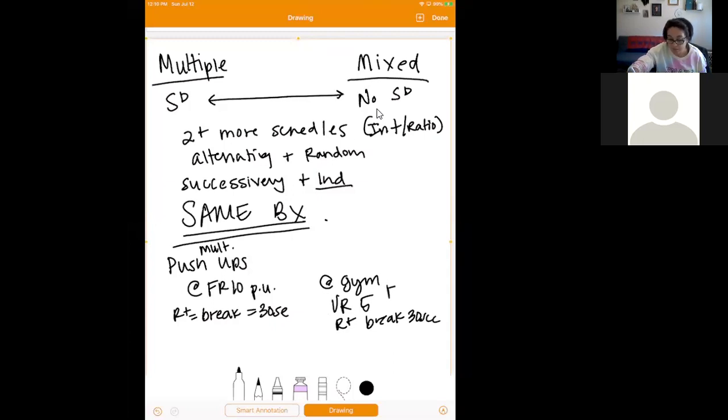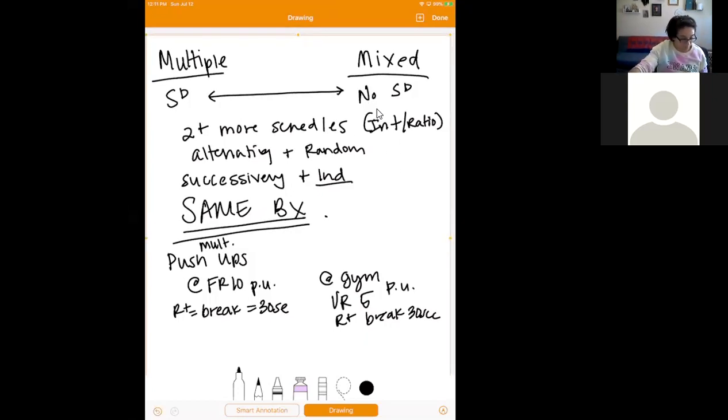It's the same thing. It's push-ups, but at home we're on a fixed ratio of 10. At the gym, we're on a variable ratio of 10. Sometimes it's 5, sometimes it's 2, because he made you do the crazy diamond ones. Sometimes he made you do the wide out ones. You only have to do like a half a one. So that is the multiple.